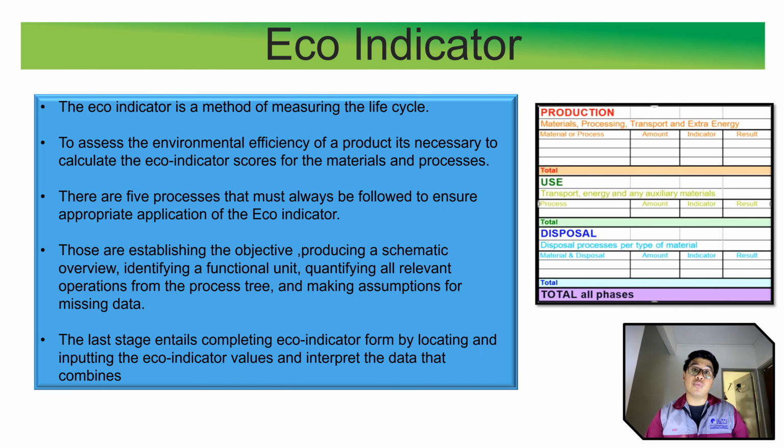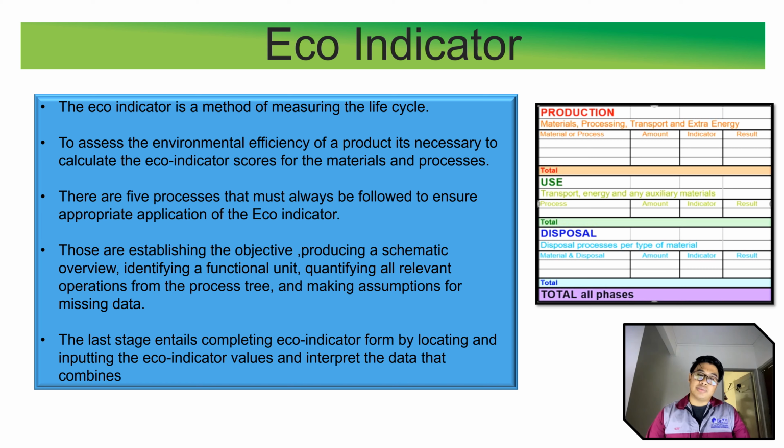For the third one, eco indicator, the eco indicator is a method of measuring the life cycle. To assess the environmental efficiency of a product, it's necessary to calculate the eco indicator scores for the material process. There are 5 processes that must always be followed to ensure appropriate application of the eco indicator.